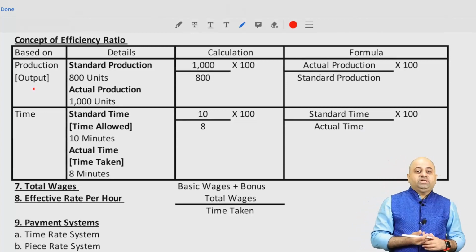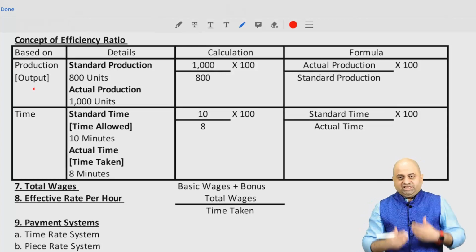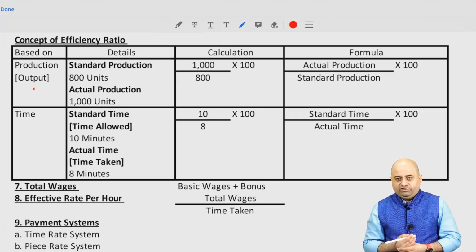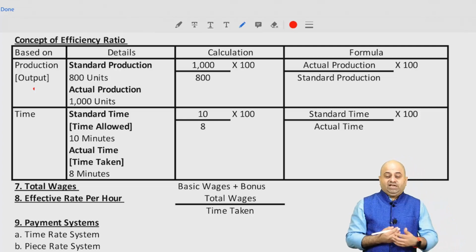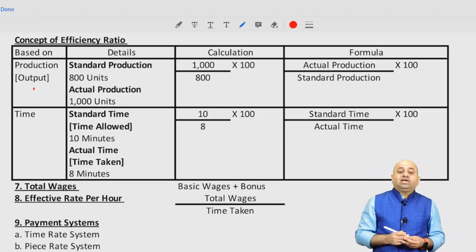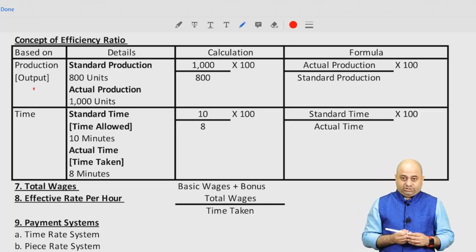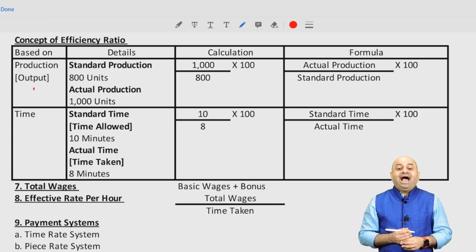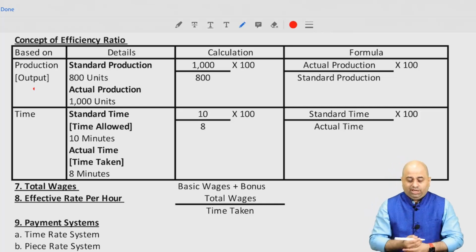Now, my dear friends, please try to understand. Efficiency, we just said, can be calculated in two different ways: production and time. Now, try to understand this scenario. A worker was supposed to produce a standard production of 800 units. A worker has produced 1000 units, actual production.